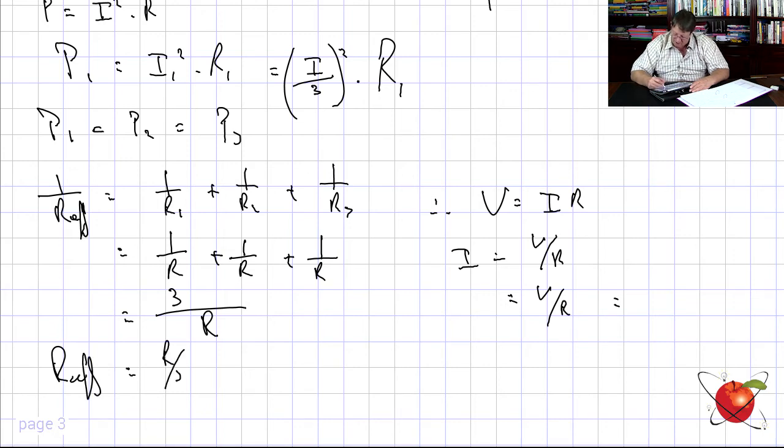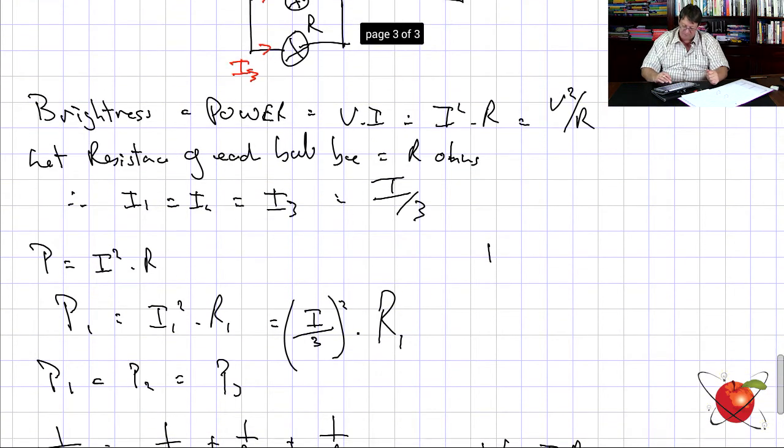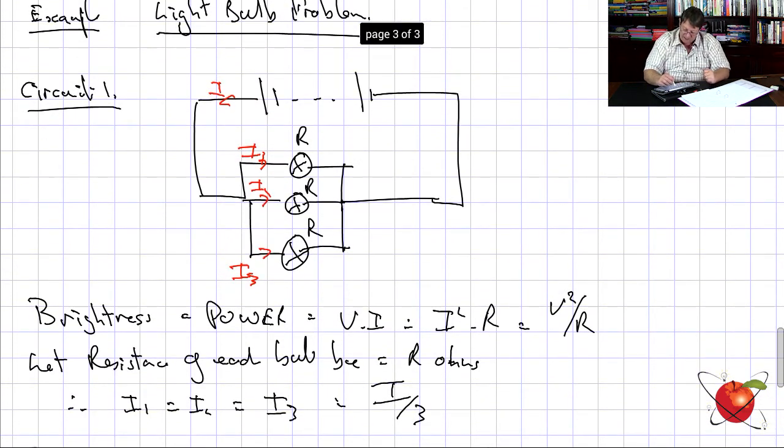So I've got V over R over 3, which is equal to 3V over R. So the current coming along here, I'm going to put it in red, the current at that point, I, is equal to 3V over R.